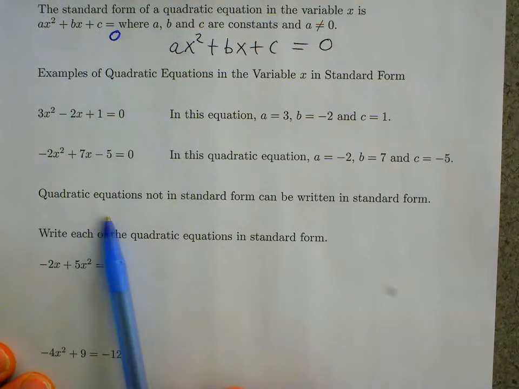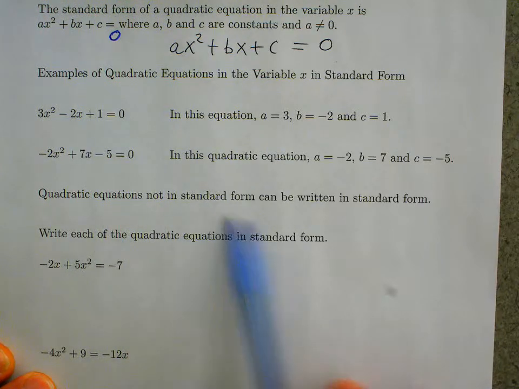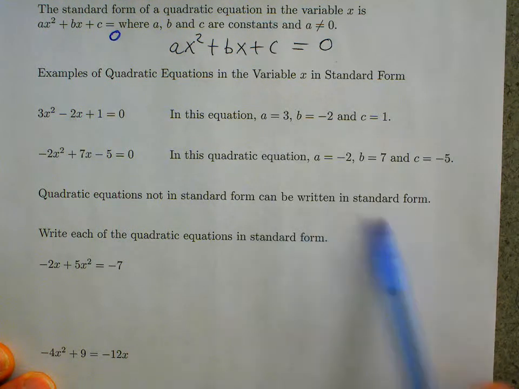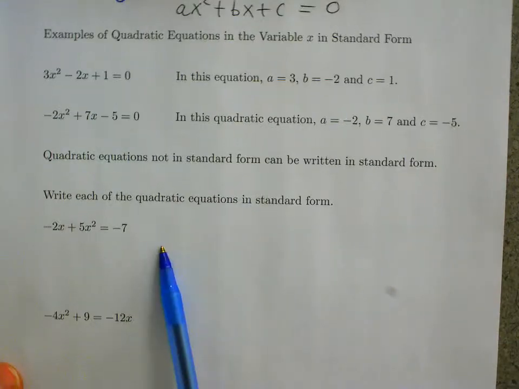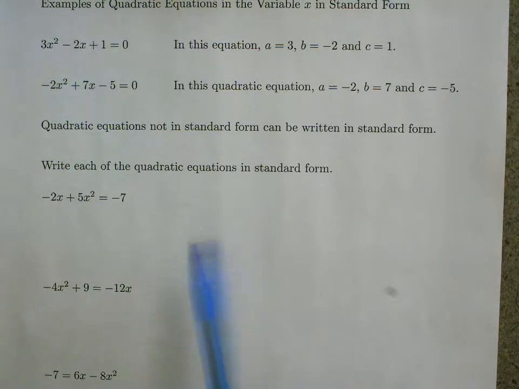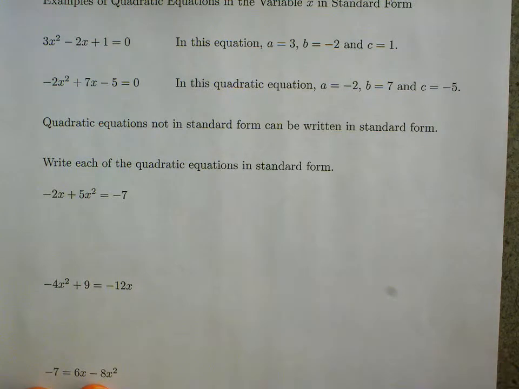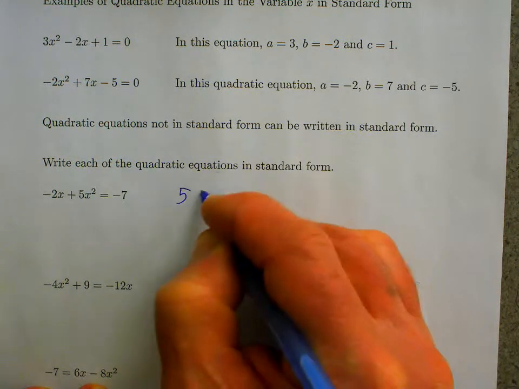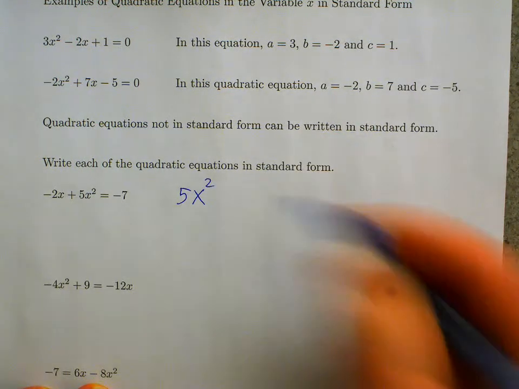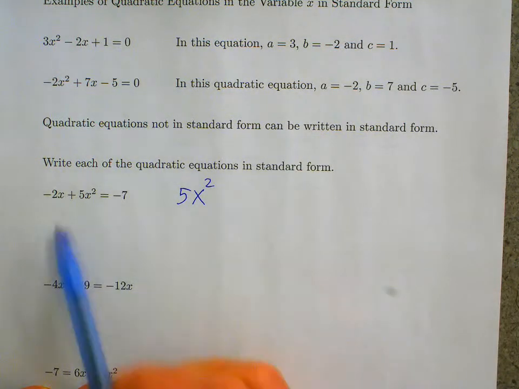Quadratic equations not in standard form can be written in standard form. So let's do that with these equations. Write each of the quadratic equations in standard form. So we want the term with the largest exponent on the left, farthest to the left, so 5x to the second.